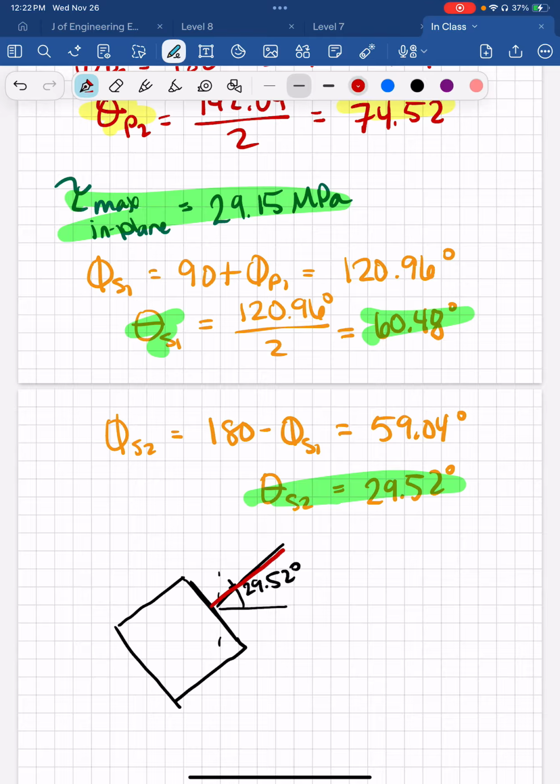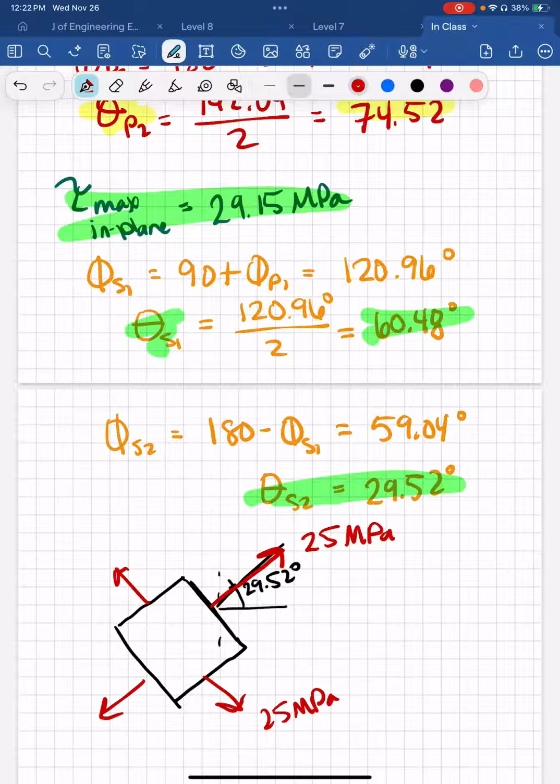And then the stresses are going to be the stress averages, which are 25 megapascals. And then the shear stress, or the maximum shear in plane, is this one, and it's 29.15.